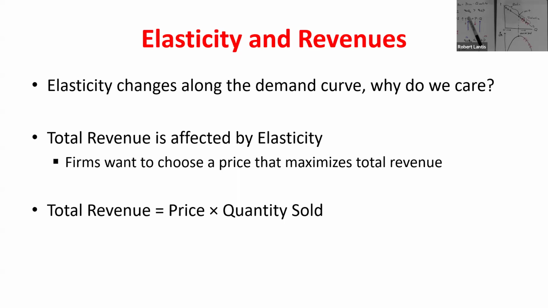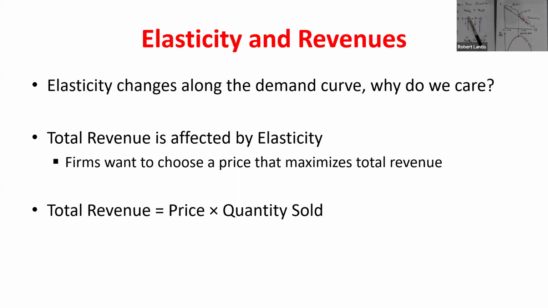So no matter where I'm at on that demand curve, elastic or inelastic, this tells me the direction I want to change the price. Elastic, I want to decrease it. Inelastic, I want to increase it. Why? Because if I move towards the unit elastic point, total revenues are getting closer and closer to their maximum.